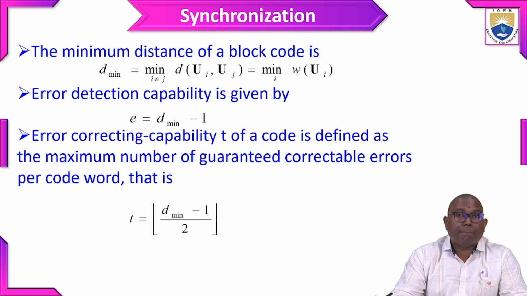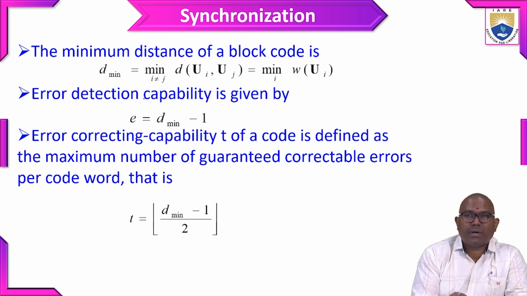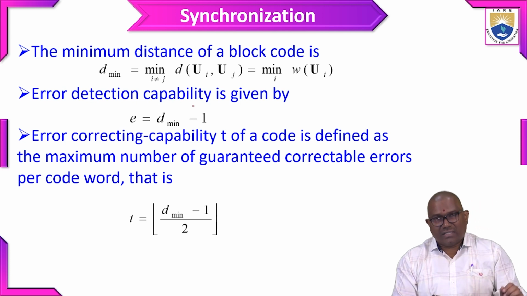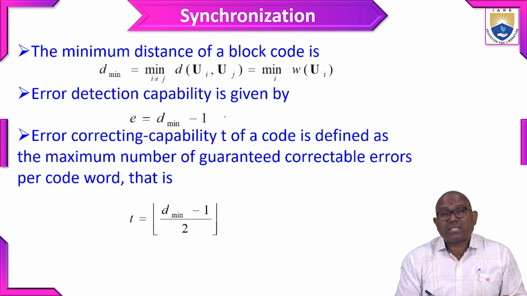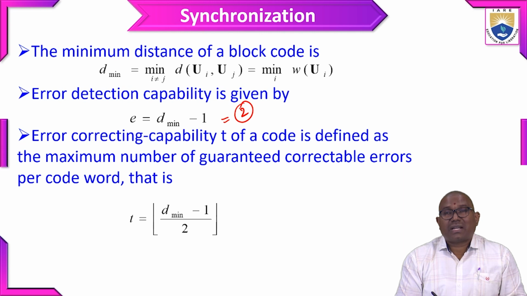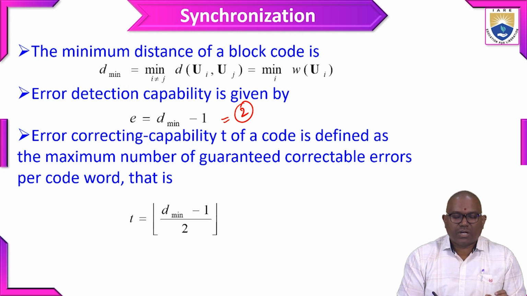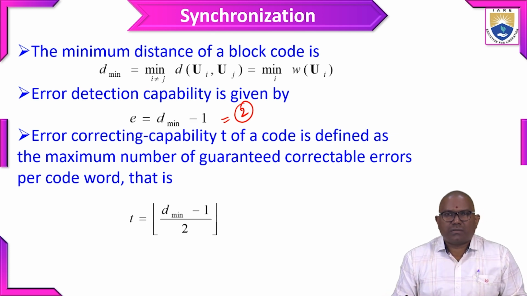How many bits of errors can be detected or corrected? It is d minimum minus 1. First you find d minimum minus 1, then you get how many bits you can detect. According to our syllabus, you can detect 2 bits, but correction will be possible only for 1 bit. In the syllabus, you detect 1 bit and correct 1 bit.